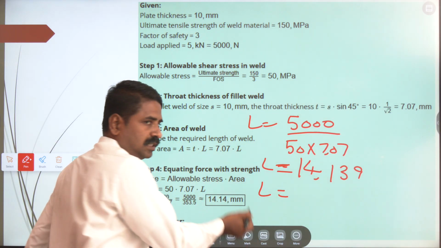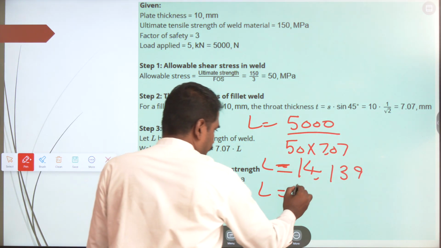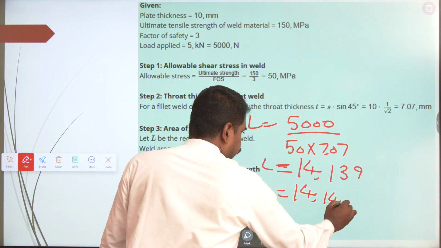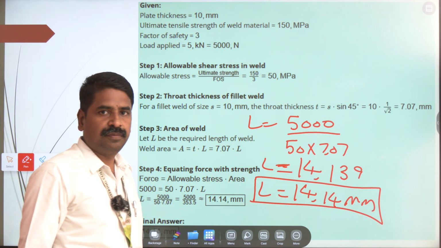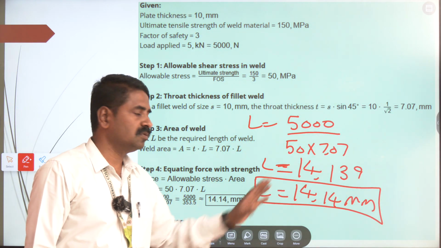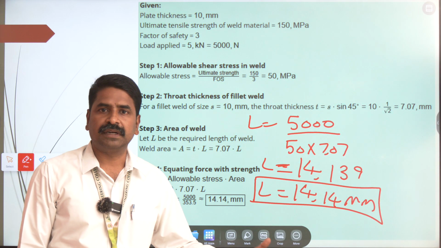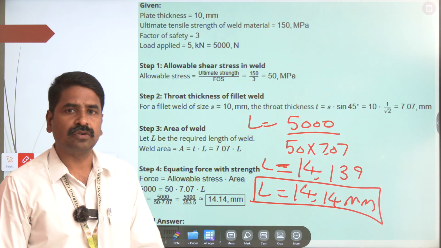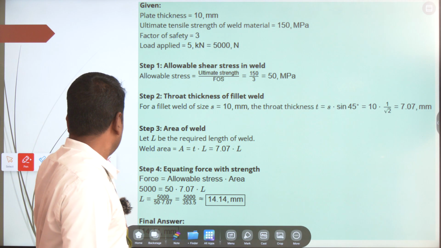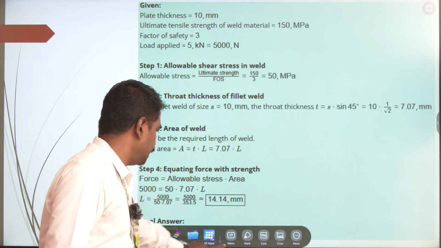Round it off to 2 decimal points as already shown over here. So 14.14 mm is going to be the answer for this question. Very simple, but it has been asked for 5 marks, which was asked exactly in the previous year, in 2025. So I am giving a summary.